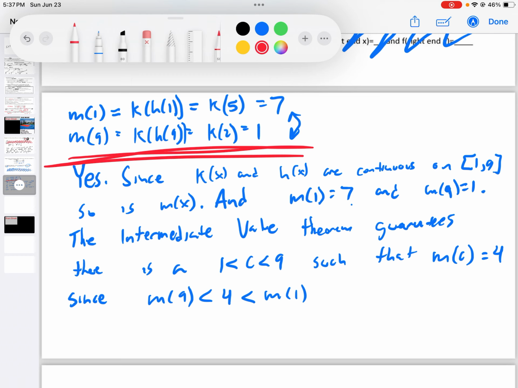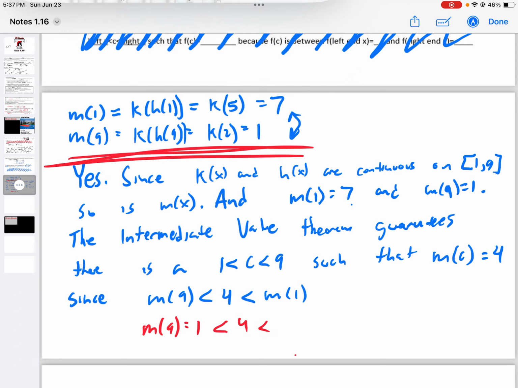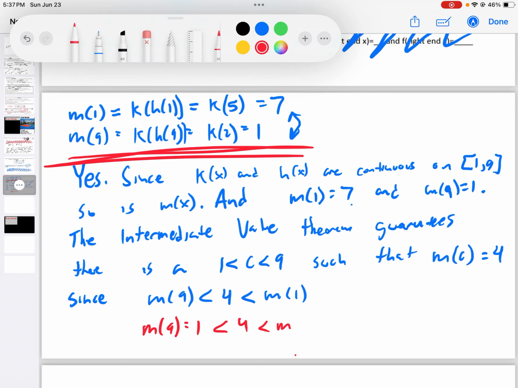And since we already wrote out up here what the m values were, I don't have to write them again. I could write m of 9 equals 1, which is less than 4, which is less than m of 1, which is 7. If that makes you feel better, just write the whole thing out, but you don't have to.